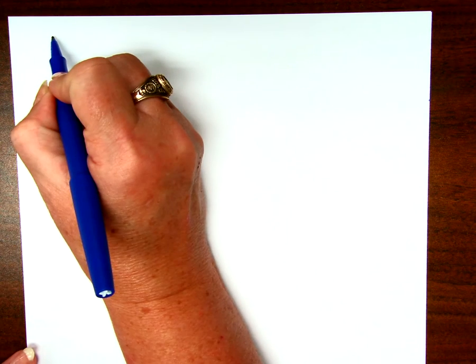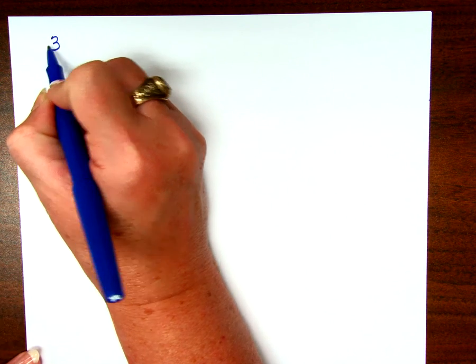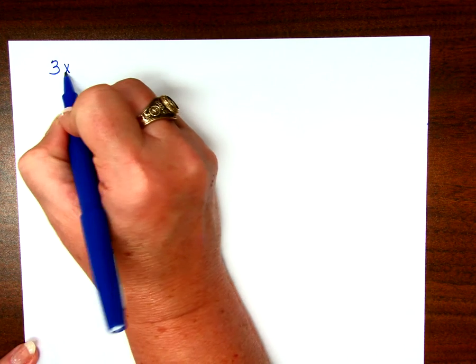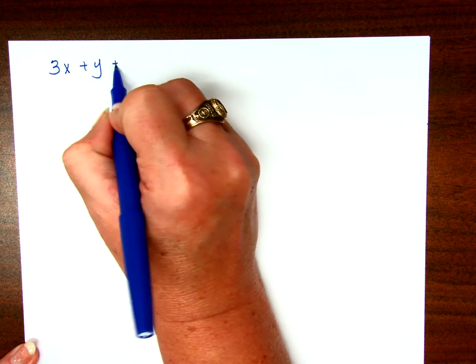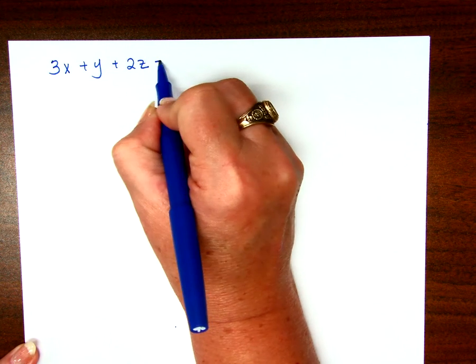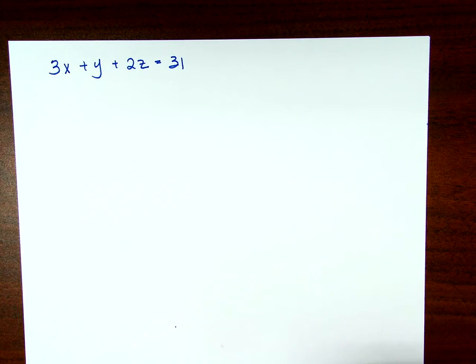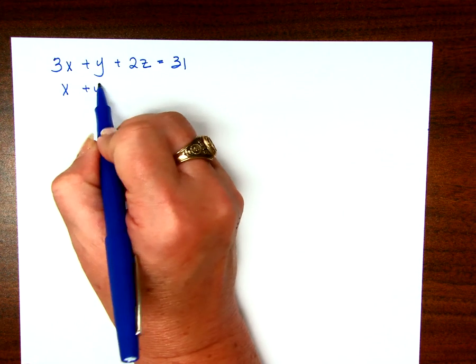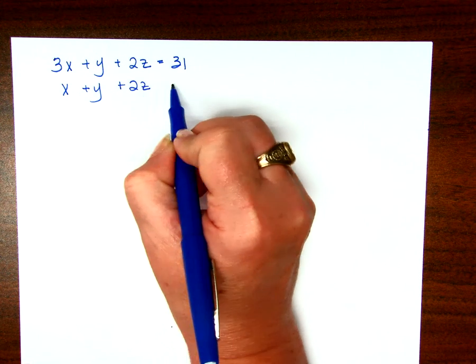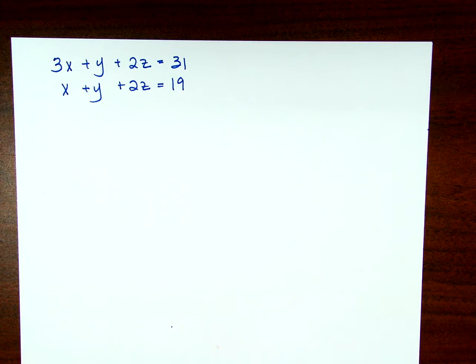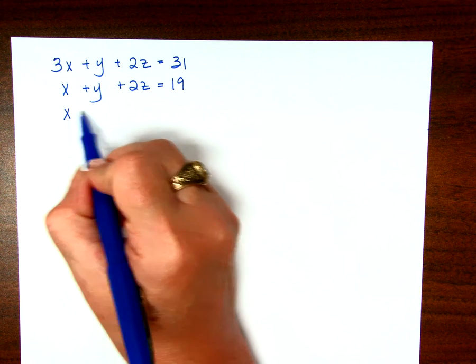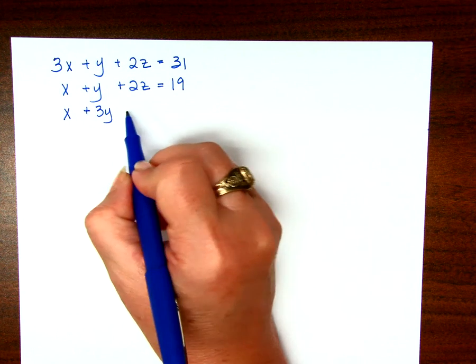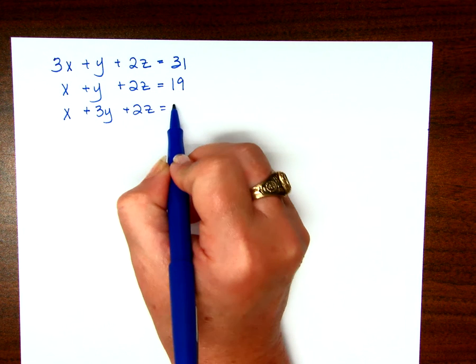Okay? Here's the matrix that we're going to start with. Or the system, excuse me. 3x plus y plus 2z equals 31. x plus y plus 2z equals 19. x plus 3y plus 2z equals 25.